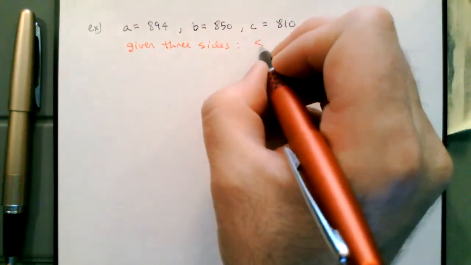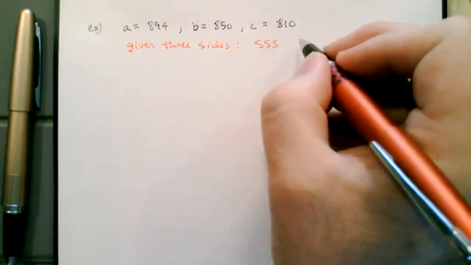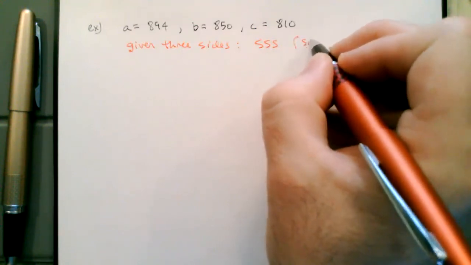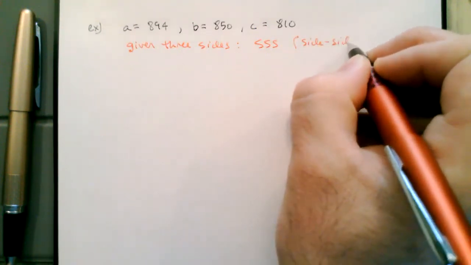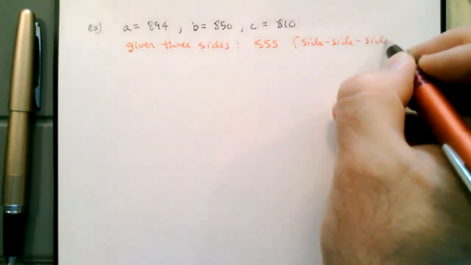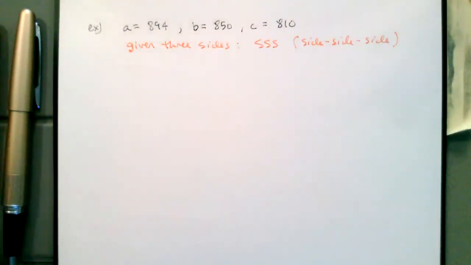So we call this the SSS case. This is another job for the law of cosines.